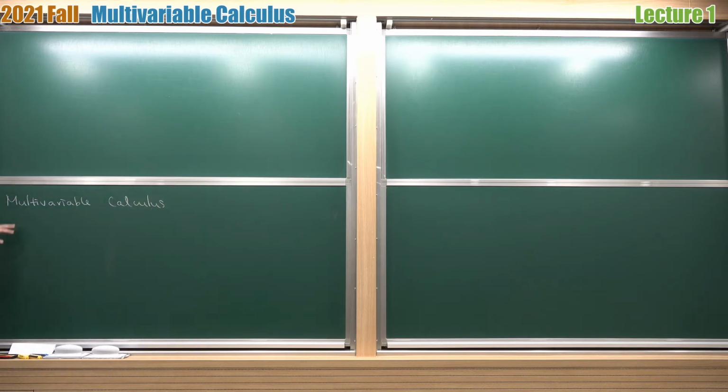So I want to know what multivariable calculus is about. Think about what this multivariable means. It means there are many variables. By definition, many is the opposite of single, so you have two or more variables in the functions.